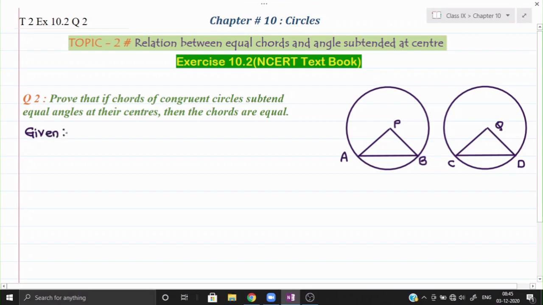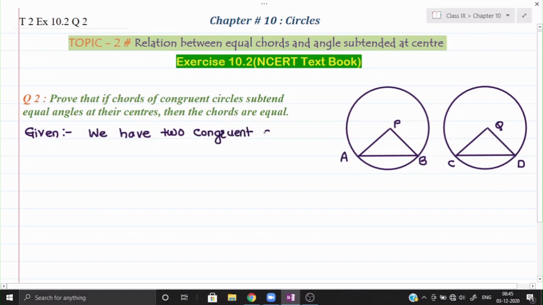In the given, we have two congruent circles. In the previous question, if we have not written congruent circles, please add the words congruent circles.